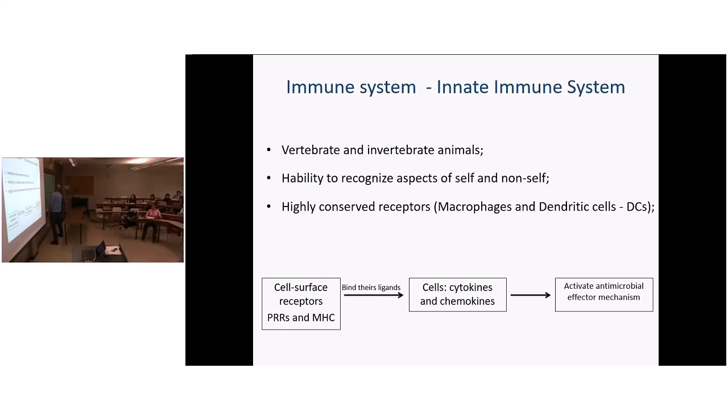So all of your cells, basically speaking, let's say this is a cell of your body, like a regular cell. This is a cell of, for example, a pathogen, a bacteria. And let's say this is some of your immune cells.